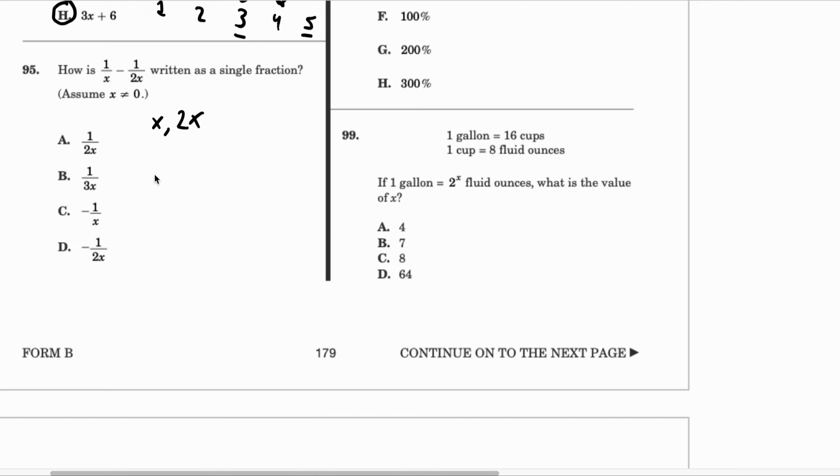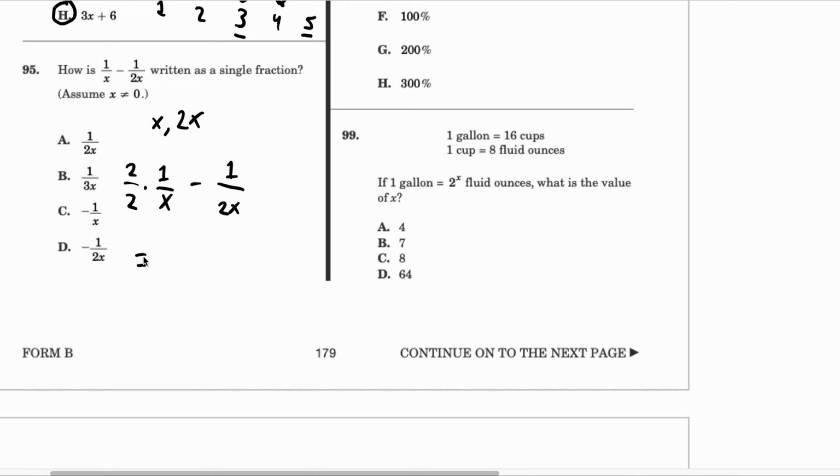One idea is we can take this 1 over x and multiply it by 2 over 2 to get a denominator of 2x, because 2 times x in the denominator is going to be 2x.